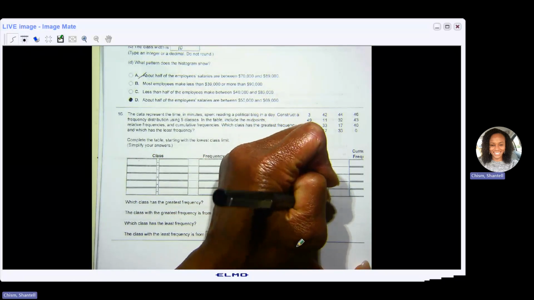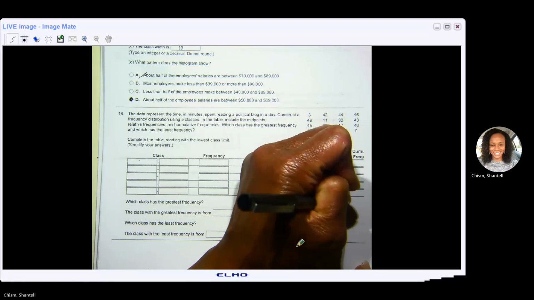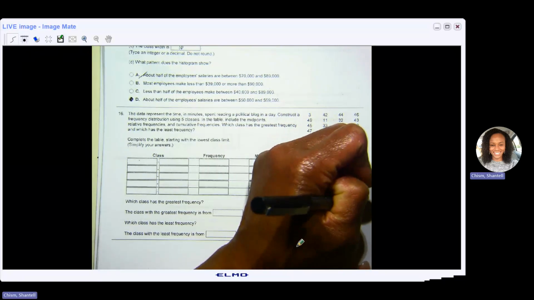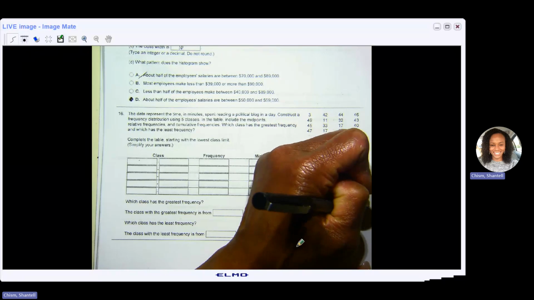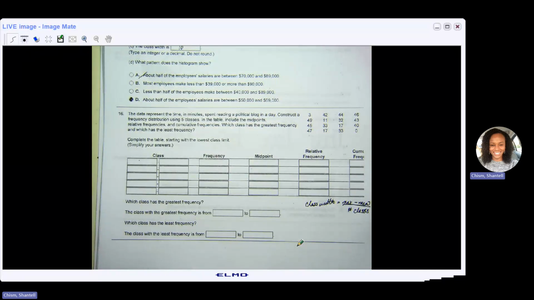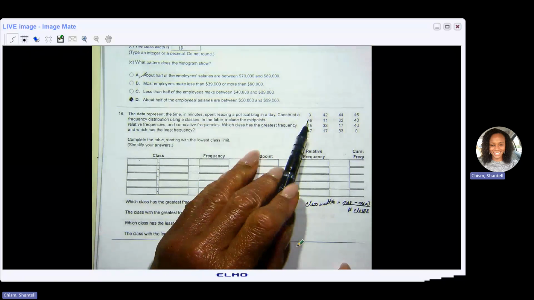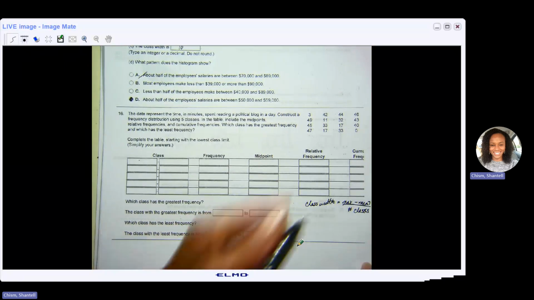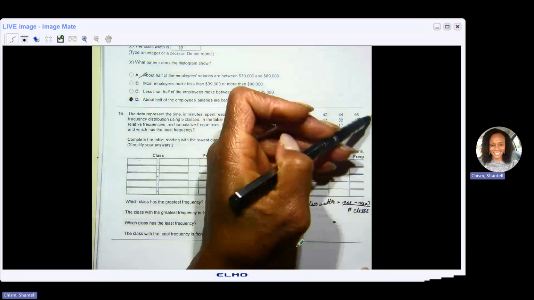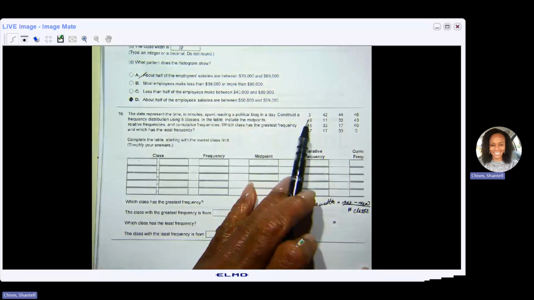look at or determine what the max and the min are, and then divide by the number of classes that we're told to use. I'm pretty certain that the max is 49 and the minimum is 0. Even though some is cut off, I want to say that is the max.